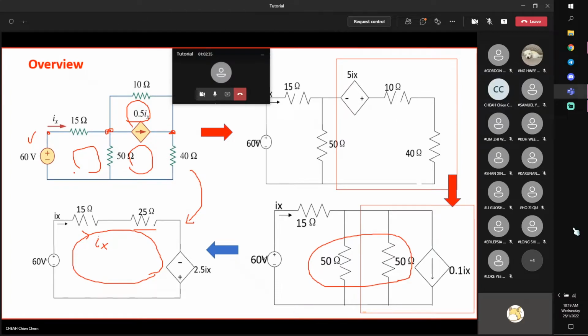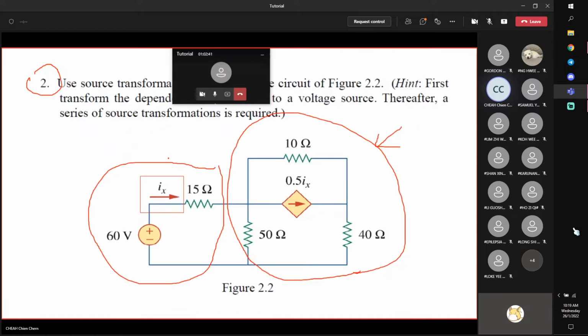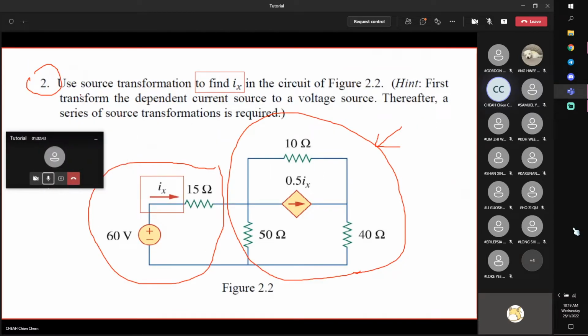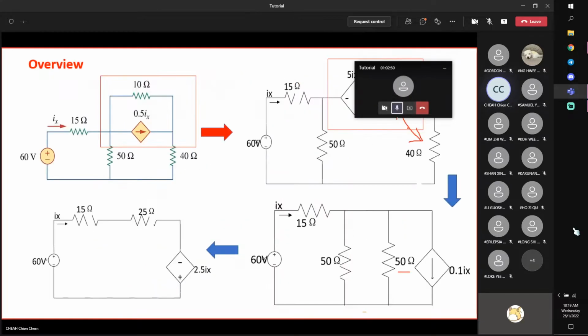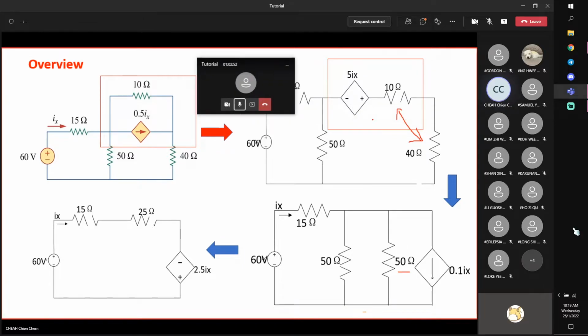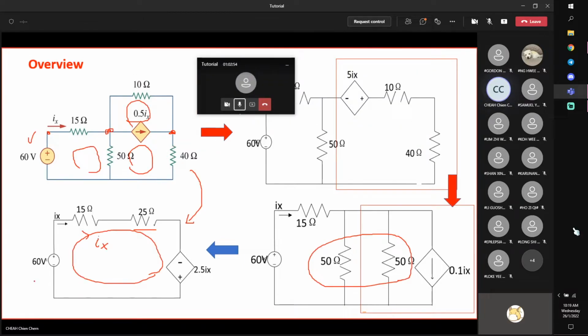So either method is fine, but one of them would be simpler, so you have to decide. But this question says use source transformation, so we can only use source transformations, and these are the suggested way. We transform it from one form to another, and finally we have only one mesh. Then we apply mesh analysis, assign mesh current Ix, apply Kirchhoff voltage law, write down the equations, and we can solve for Ix. So this is an overview.